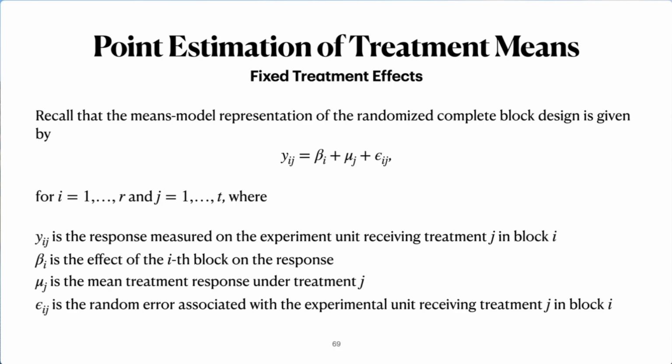Beta sub i is the random effect of the ith block on the response. Mu sub j is the mean treatment response under treatment j. Again, treatments in this context are fixed. And epsilon sub ij is the random error associated with the experimental unit receiving treatment j in block i.